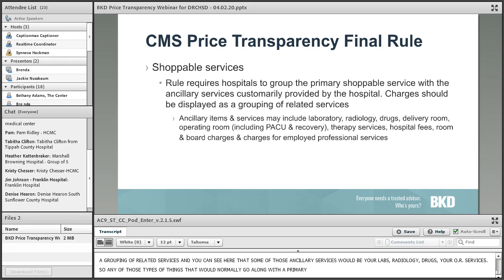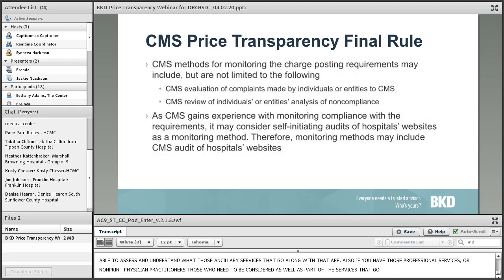You can see here that some of those ancillary services would be your labs, radiology, drugs, delivery room, your OR services. So any of those types of things that would normally go along with a primary service. The way we think about this is you're likely going to have to do some analysis from a claims perspective to be able to look at that primary shoppable service and then assess and understand what those ancillary services that go along with that are.